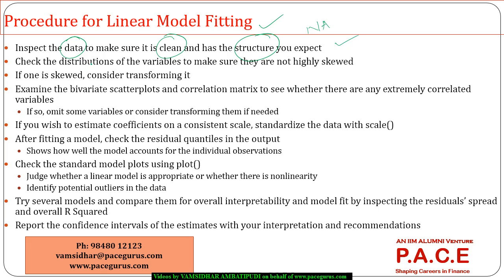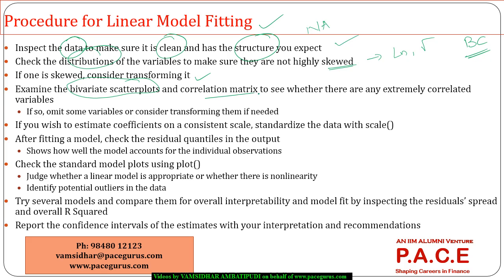Look at the distribution. See that they are not highly skewed. If they are skewed, consider some kind of transformations like logarithmic transformation, square root transformation, etc. Or even a Box-Cox kind of transformation. Then look at pairwise relationships, bivariate scatter plots.